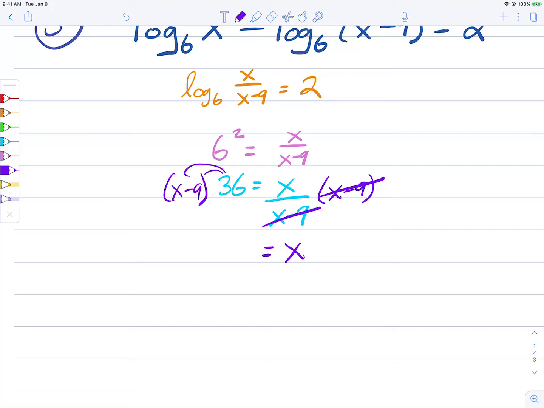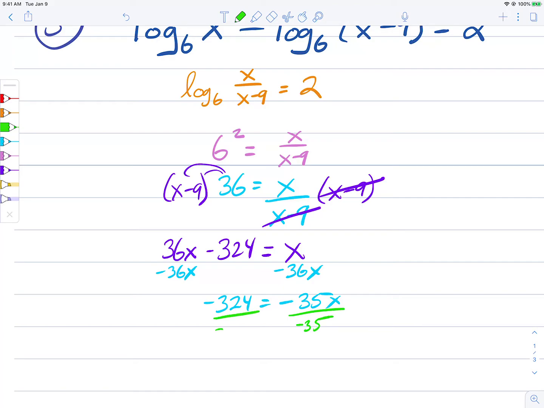So 36 times x is 36x, and 36 times 9 is 324. If I subtract 36x from both sides, because I want to get x's together, I would have negative 324 equals negative 35x. And if I divide both sides by negative 35, I'm going to get a fraction, or I can write it as a decimal.